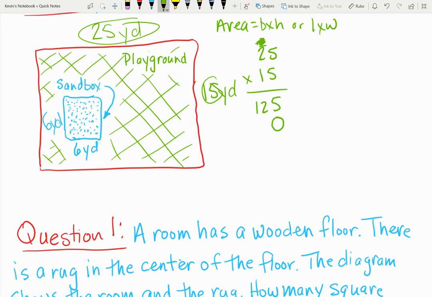Going to make sure I mark out my carryover. And then I'm going to multiply 1 times 5 is 5. 2 times 1 is 2. Add my 2 partial products for my final. So if I multiply those two, I get 375 square yards.